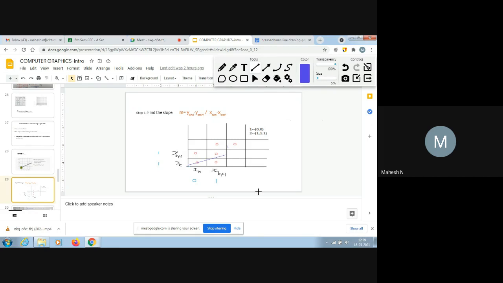There is no problem with this part. When I come to this part, some of it is here and some of it is here, so this pixel or this pixel, that is my problem. So he found the difference between the distances to the upper pixel and the lower pixel. From the line, he found the distance from here to here, and likewise for the lower pixel, the distance from here to here.